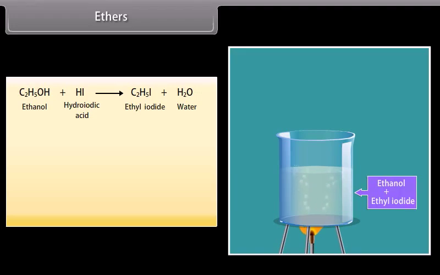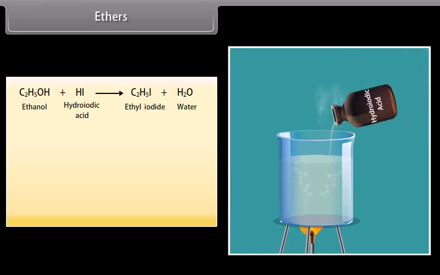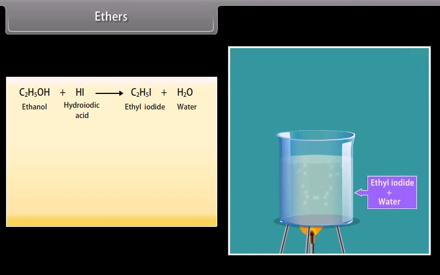With excess of hydroiodic acid, the alcohol formed further reacts to form ethyl iodide. The overall reaction is that hydroiodic acid reacts with diethyl ether at 373 Kelvin and forms ethyl iodide and water.